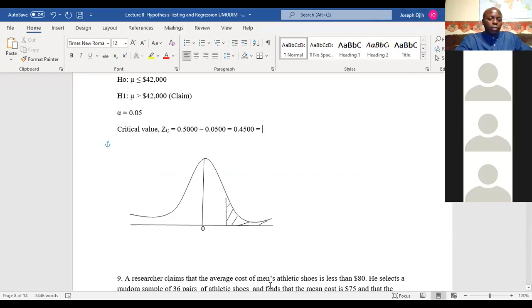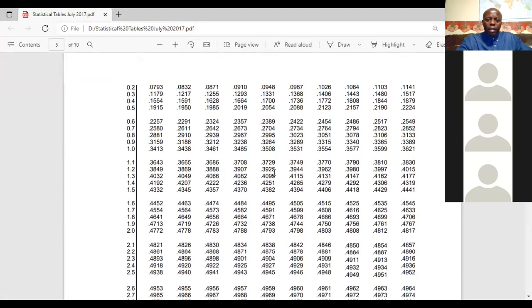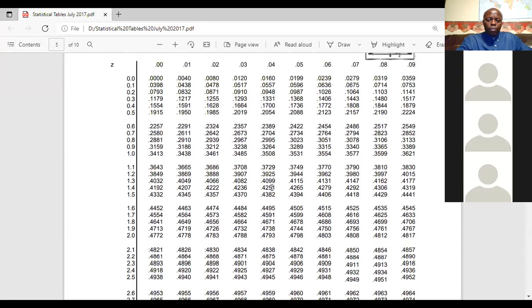So you go to the table of normal distribution. See, we have two of them very close to it. Remember, we had it last time: 0.4495, which is 5 points away, and 0.4505, which is also 5 points away. I told you that if it's in this form, choose the bigger one, which is this one, and follow it to the left, 1.6, and it goes up to 1.65.